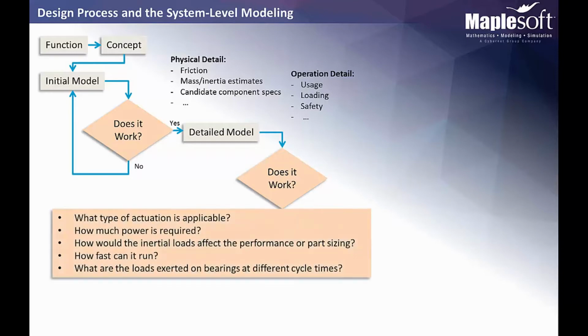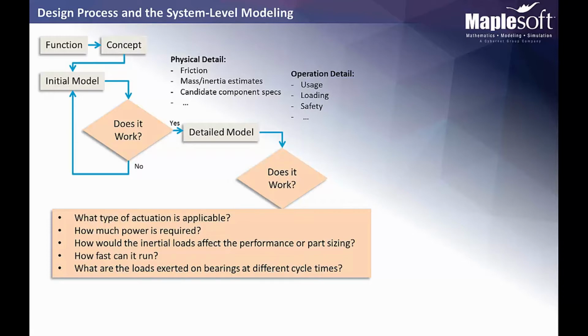Questions such as what type of actuation should be used? How much power would it require? What is the effect of inertial loads on the behavior of the system? How fast, with those inertial loads considered, can we run this? And other questions such as the loading applied to different parts of the system, such as bearings.